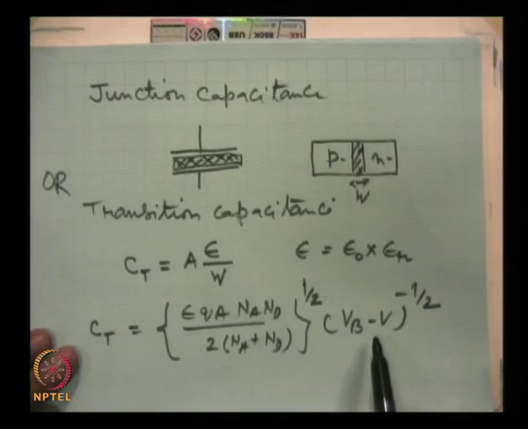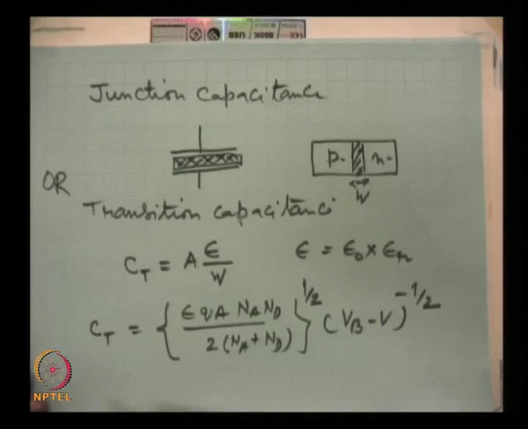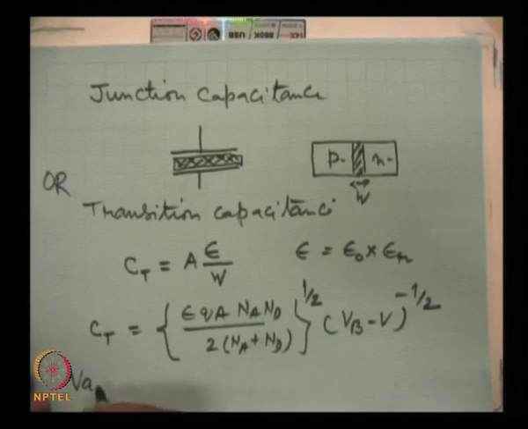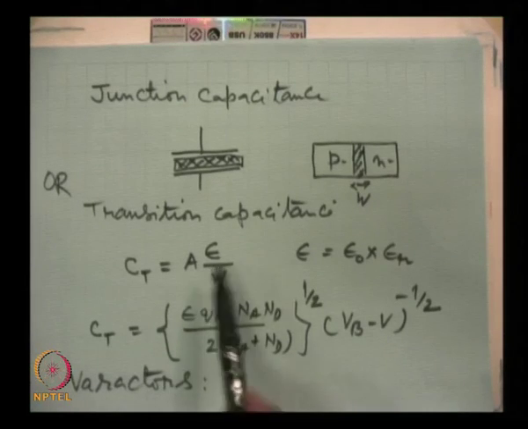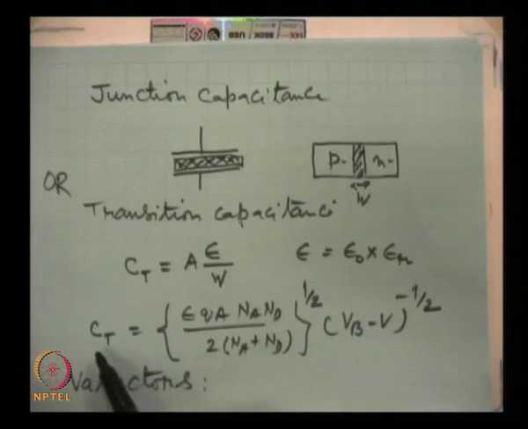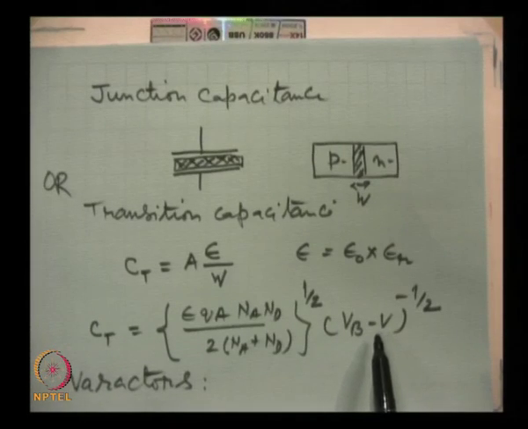applied voltage. Actually, there are specially designed PN diodes which are known as varactors, which make use of this property of the junction, that its transition capacitance depends on the applied voltage.